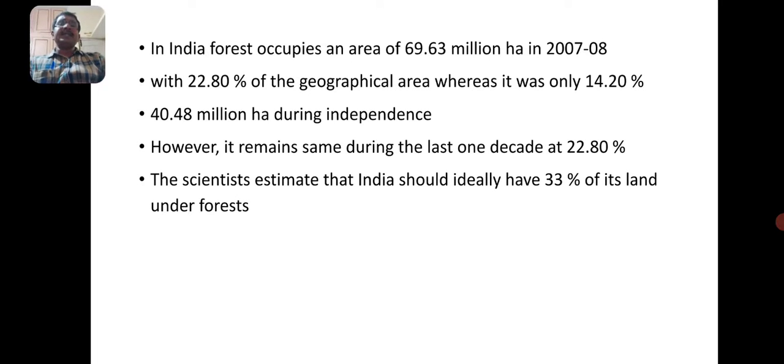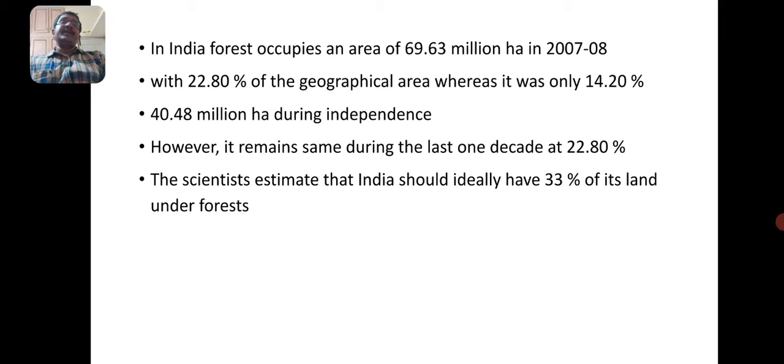In India, forest occupies an area of nearly 69.6 million hectares in 2007 to 2008, which is 22.8% of the geographical area, whereas it was only 14.2% and 40.48 million hectares during independence.